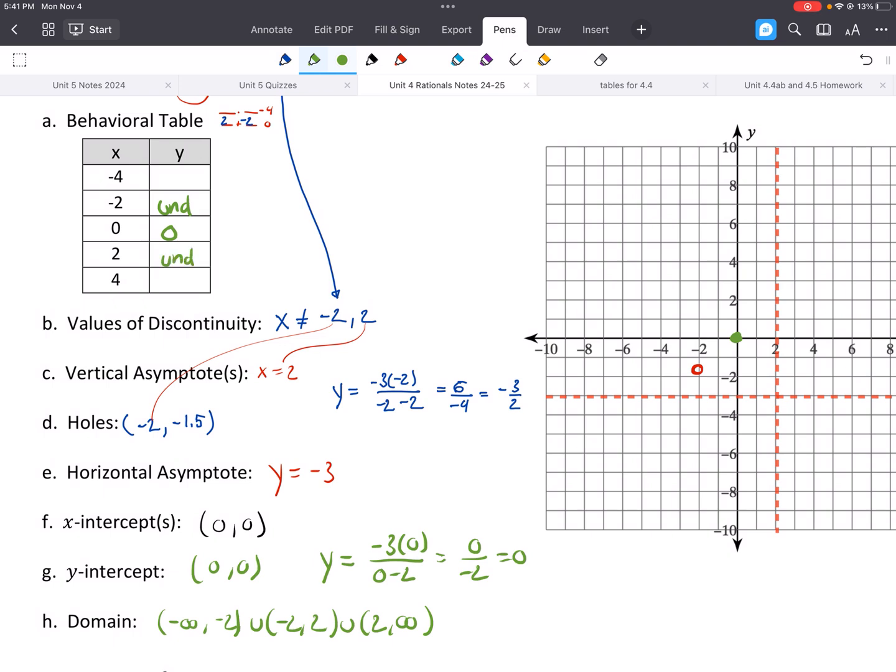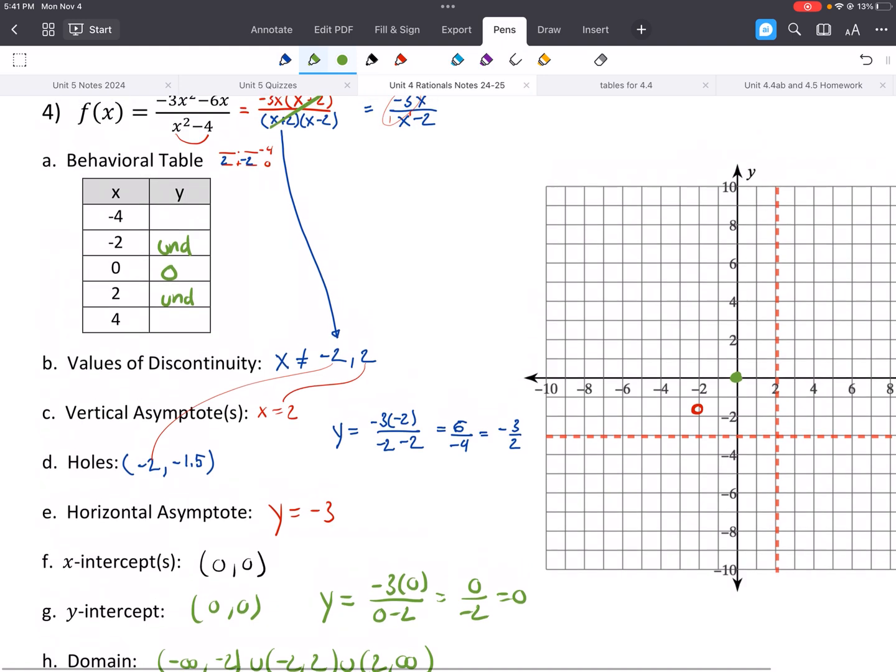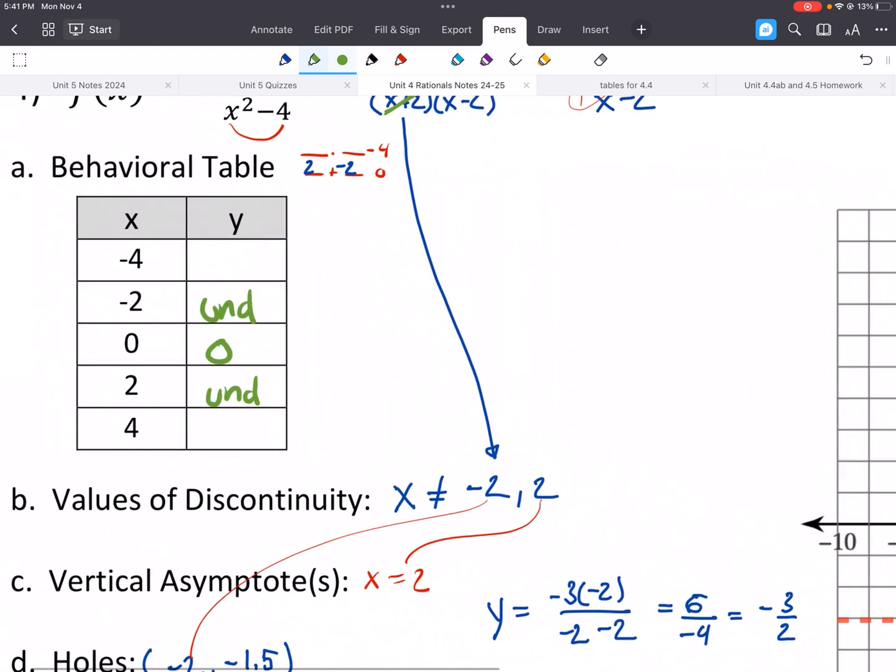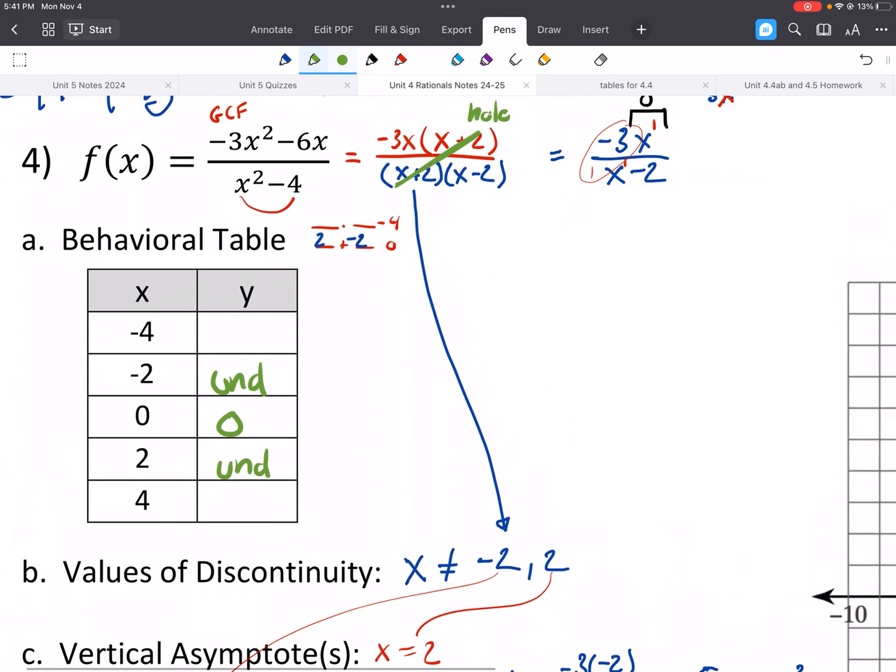So then we have these two others where we're going to plug it in to find its value. Again, we want to maybe use the simplified version just because it is less to type in. So negative 3 times negative 4 all over negative 4 minus 2, and see what you get.